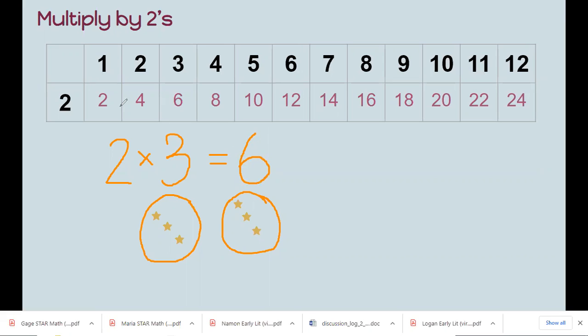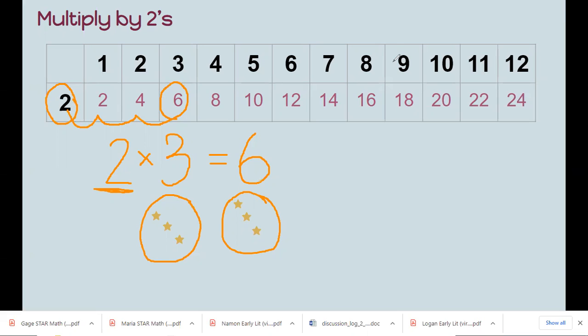This time, I'm going to use my modified multiplication chart up here at the top to check my answer. I'm doing multiples of 2, 3 times. So here's my factor of 2 I'm going to start with, and I'm going to do 3 jumps from there. Jump 1, 2, 3. My answer is 6. So two groups of 3 equals 6.